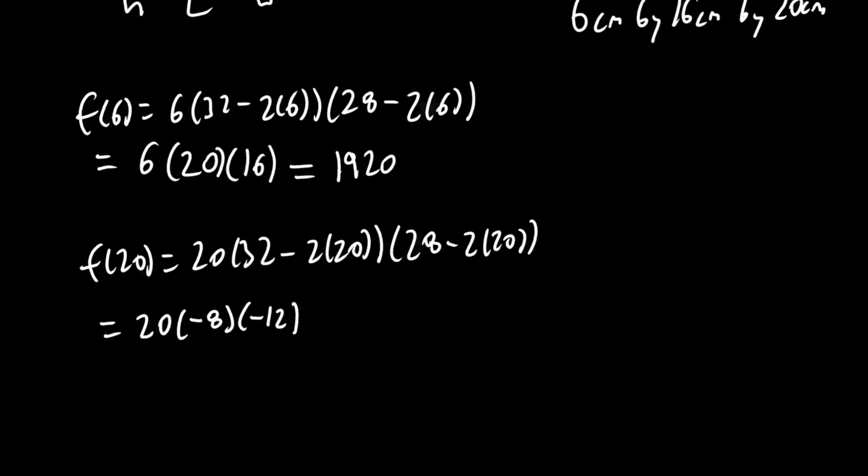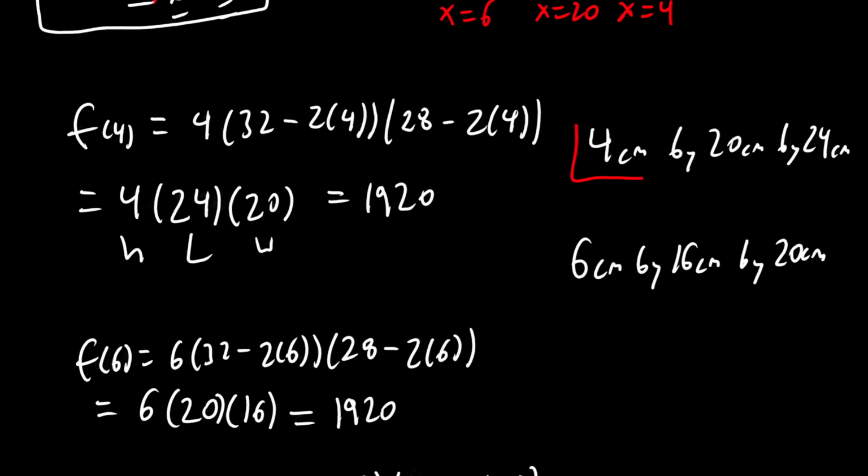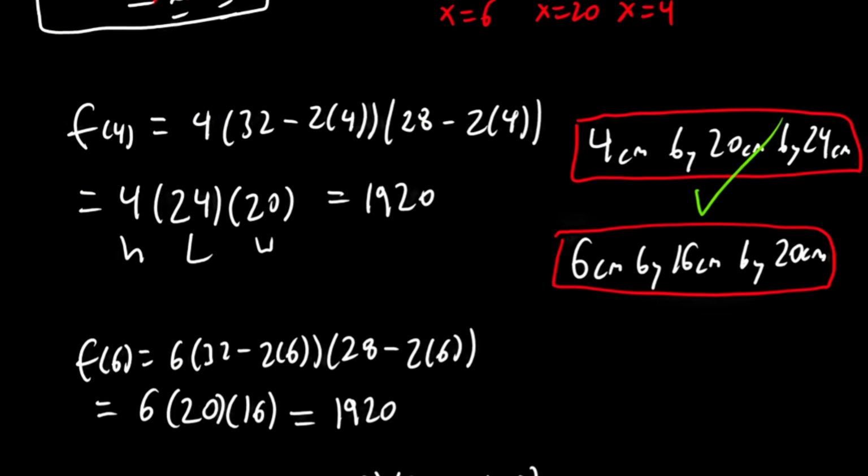And when we multiply these three together, we indeed get 1,920, meaning that mathematically this answer is correct. But in real life, we can't have a box with a side length of negative 8 centimeters or negative 12 centimeters, showing that this answer is wrong, and these two are the only sets of possible dimensions for the box.